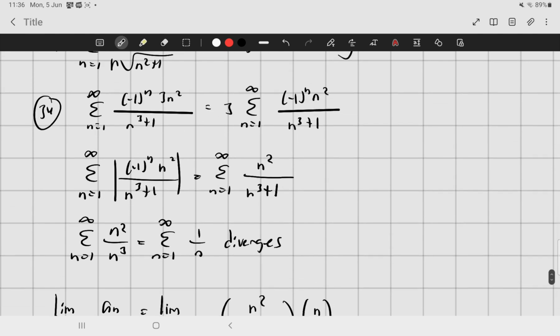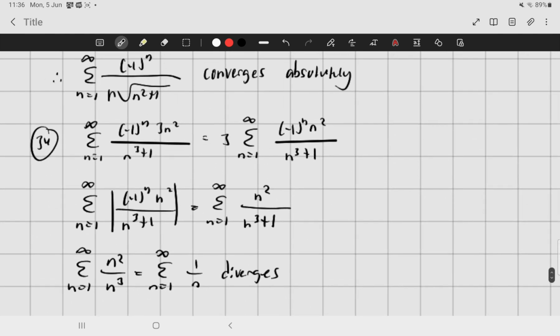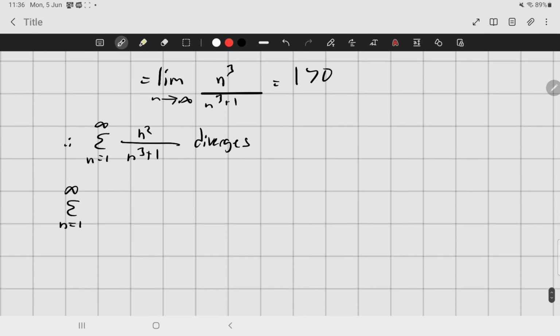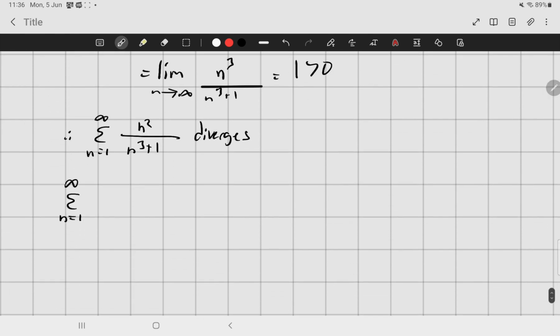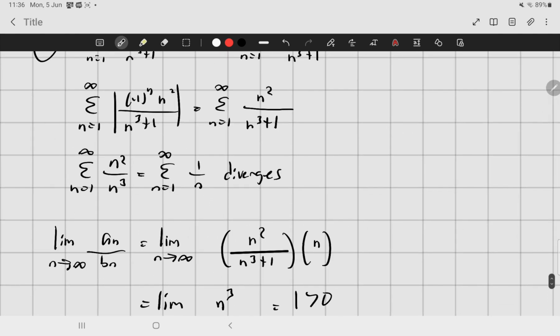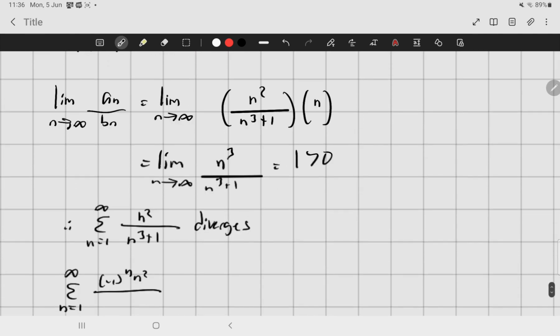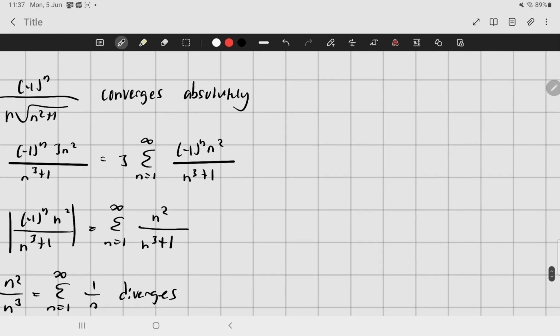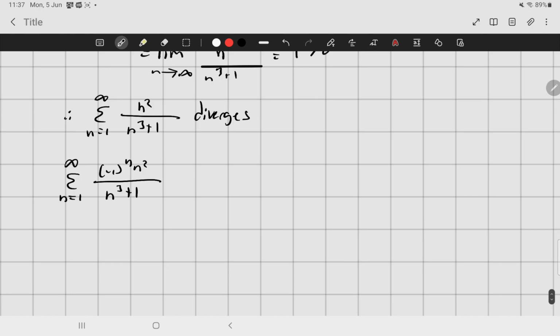Obviously, the alternating series test will be the suitable test. So, n cubed plus 1. Okay.